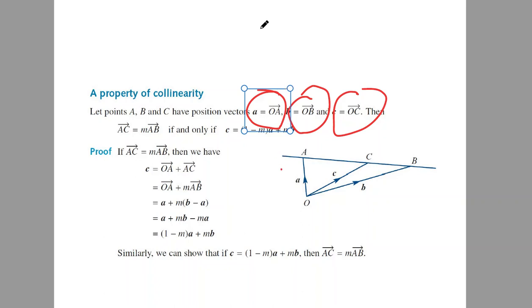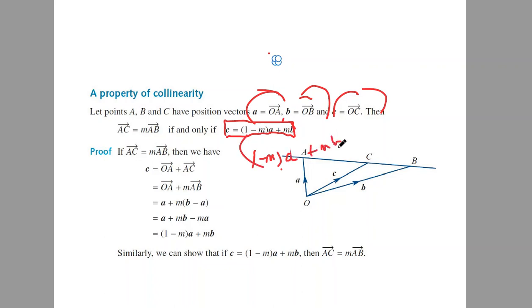Then if we can show that c, which is this vector in here, equals (1 minus m) times a plus m times b, then this is my m, which is the constant multiplied by AB. So if we can show this when we have position vectors, then that is also a proof of being collinear.